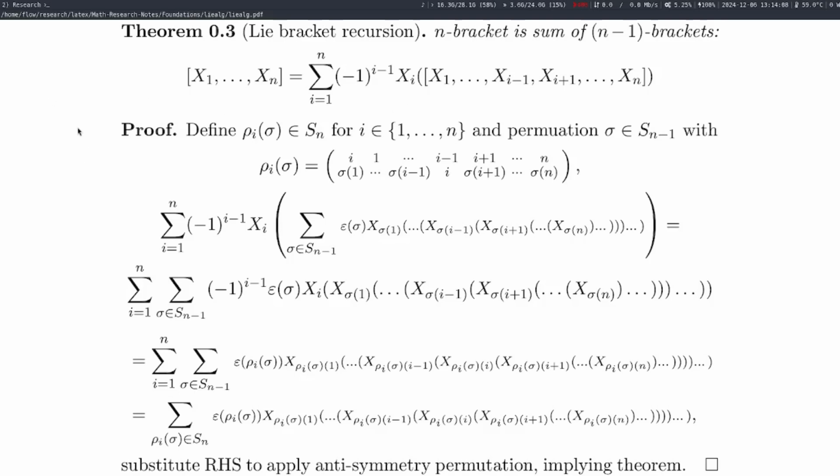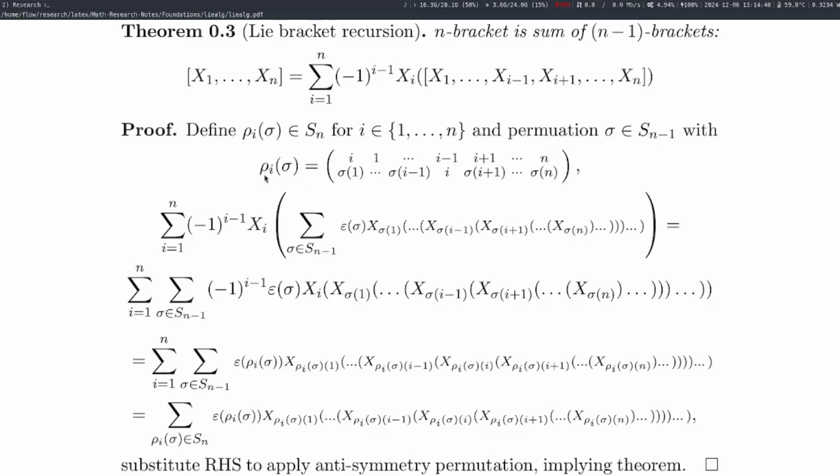So how do we prove this result? I have the proof of it here. We define rho_i of sigma as a permutation, where i is an element of 1 through n, and sigma is a permutation of size n-1.